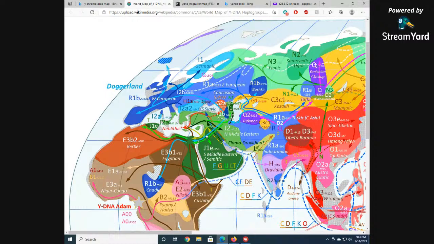So I have the R1A, R1B, descendants of Gomer. So I have Gomer, I have Javan, and Javan's brother over here in the Greeks, or the Thracians, would be the L, because the L and the T are sometimes associated with the Greek people, and they belong in this area as well, which is another thing.